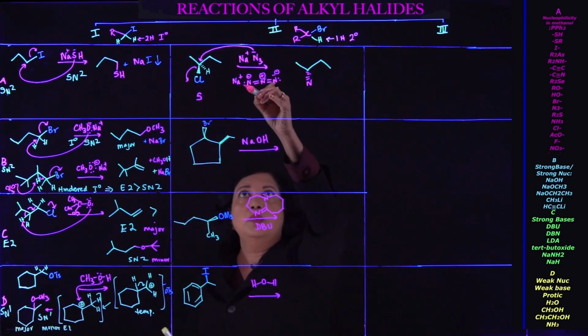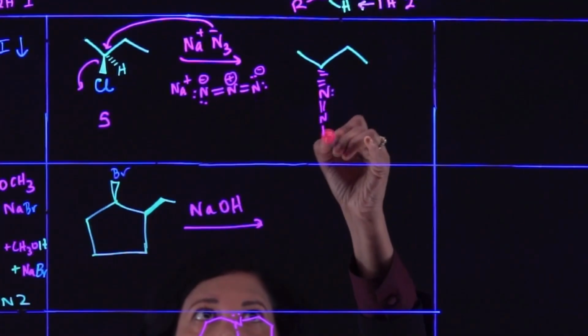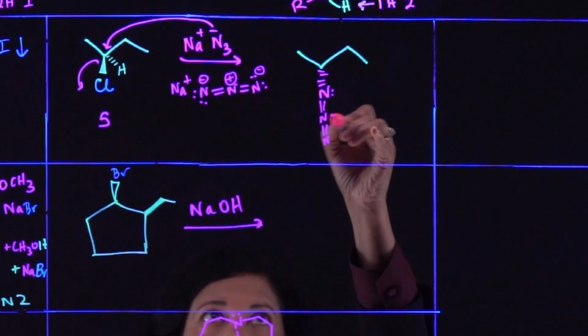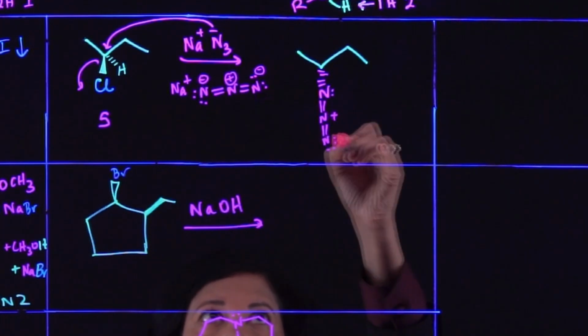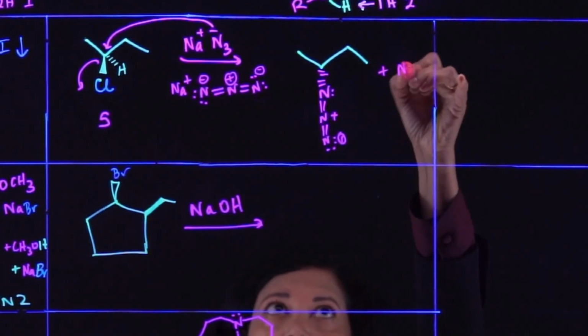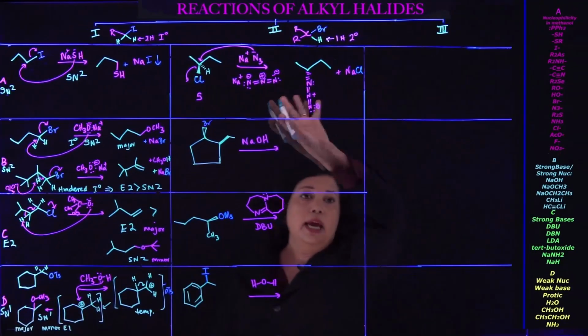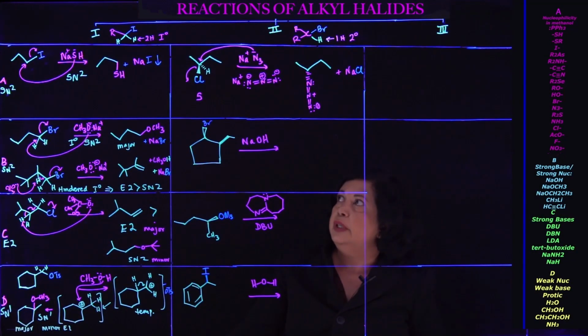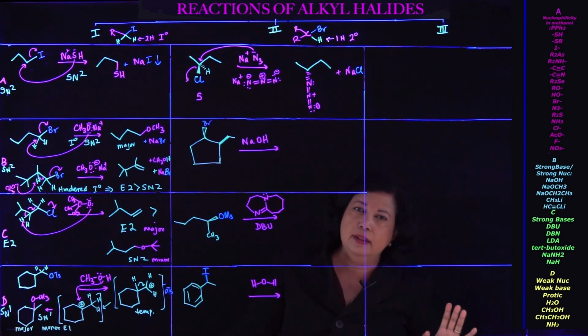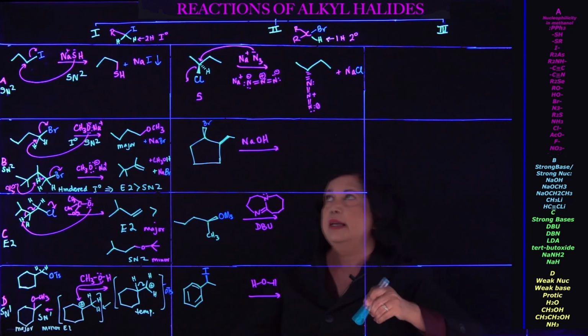So now you lost one of those lone pairs, and so your one lone pair, and then the remaining nitrogens are over here. So that's your N3 azide. And of course your sodium and then your chloride fall off together, which is good because that's going to drive the reaction forward.